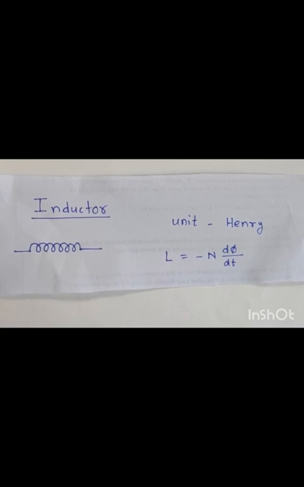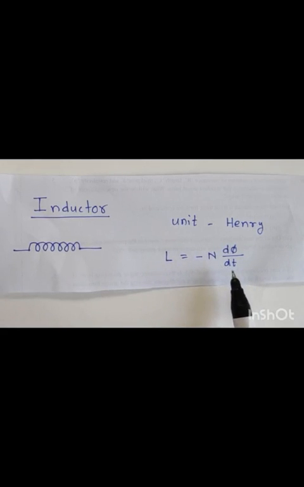You can see the expression here. Inductance is represented as L, and it is minus N d phi by dt. See here, the symbol of an inductor is just like a coil with several turns given to it.